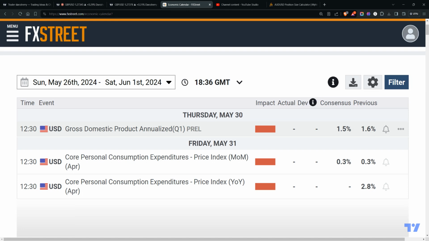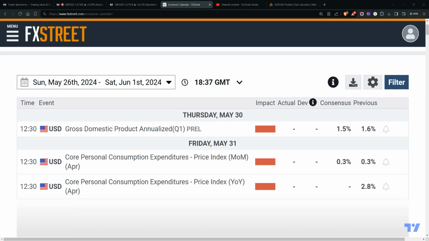Now, considering the asset we are looking at, we will be focusing on high impactful events from both the United States and the United Kingdom economic dockets. Now, for the next week, the first high impactful event is coming in on Thursday, that's May 30th, and it's coming in from the United States, and that is the gross domestic product annualized for quarter one.